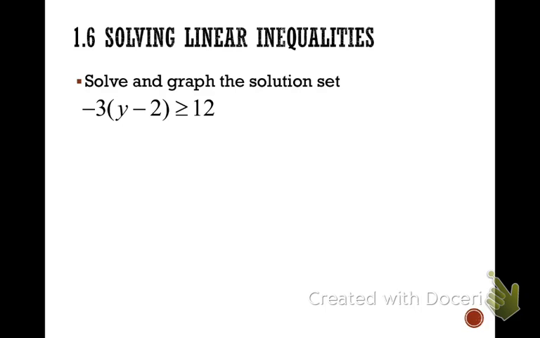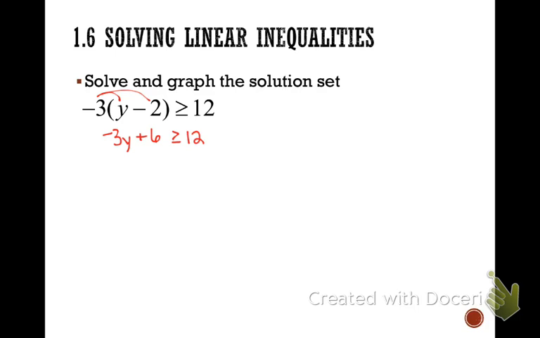So you can either distribute everything through and then solve it, or we can divide by that negative 3 to start. It's completely up to you how you go about it. So if you want to distribute, I am okay with you going negative 3y plus 6 greater than or equal to 12.